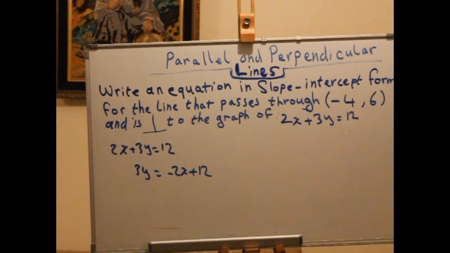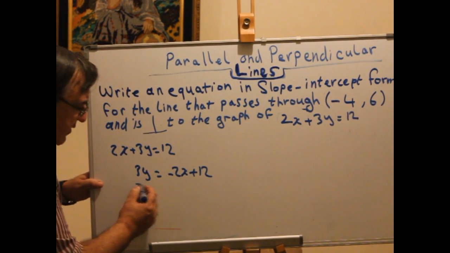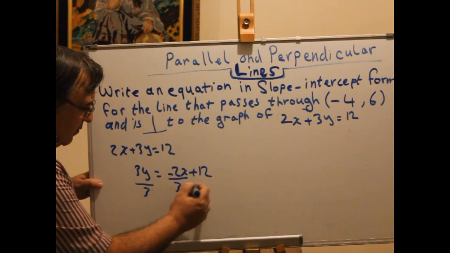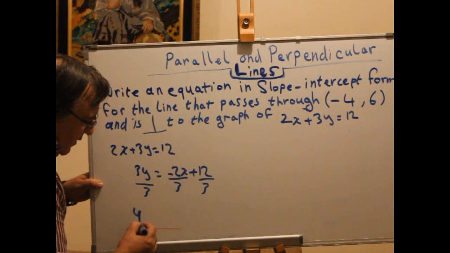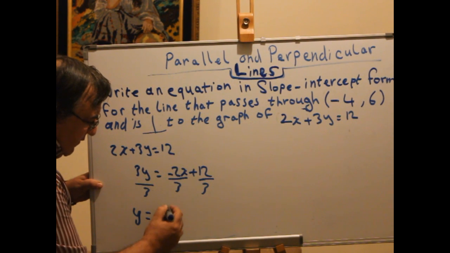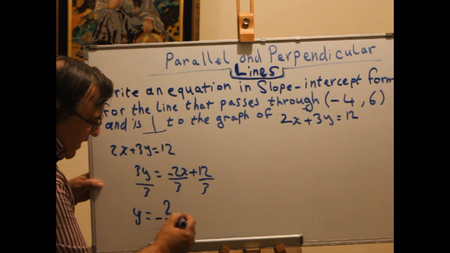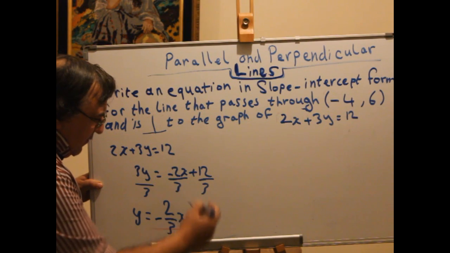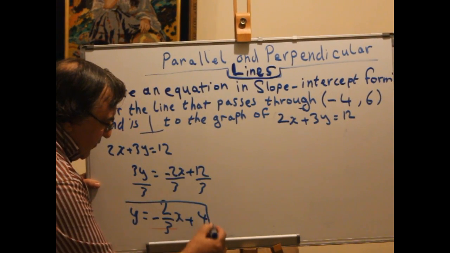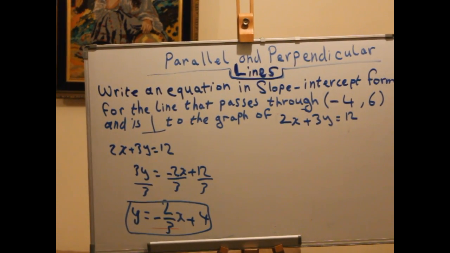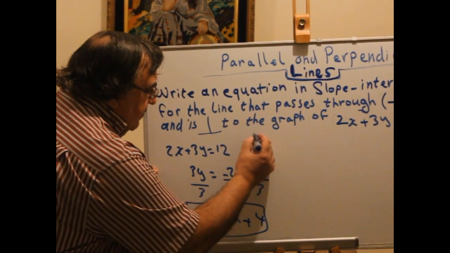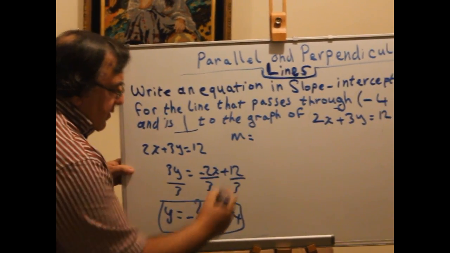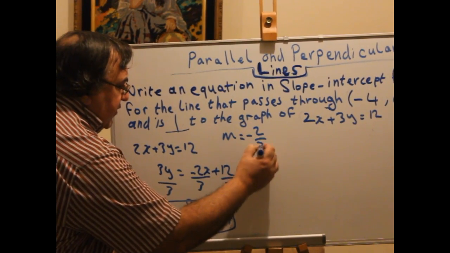Now divide all by 3 to get rid of the 3 here. So what do I get now? y equals negative 2 over 3 x plus 12 over 3, which is 4. I get the formula in slope-intercept form. Where is the slope here now? m equals negative 2 over 3.